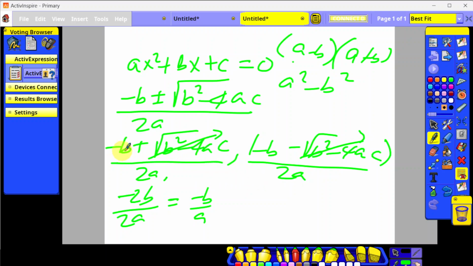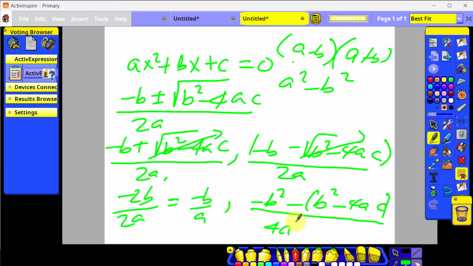So this means the product becomes minus b squared minus this square, that means b squared minus 4ac, because it cancels the square root, over the denominator too, that is 4a squared.